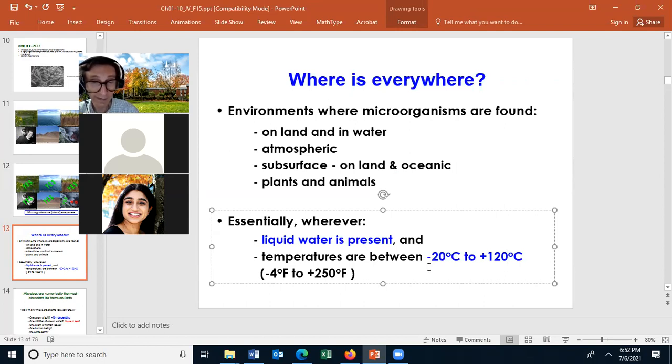And that means they're resisting freezing, or at least they're resisting dying from freezing. And there are some microorganisms, we'll talk about them later in the term, that can live at temperatures above boiling water. Okay?